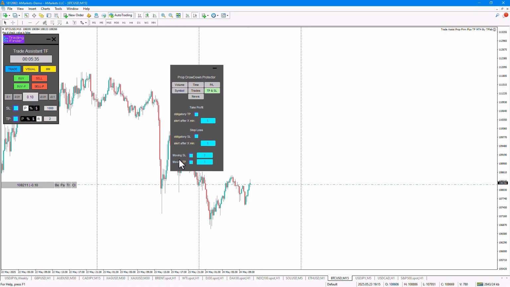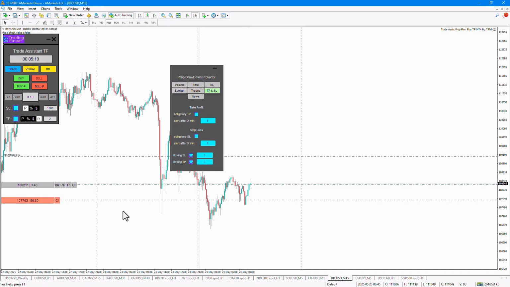In the section below, we can also set a limit for moving stop loss and moving take profit. For traders who act emotionally in the market and frequently move their stop loss and take profit, this option can help prevent them from doing so. For example, if I set a stop loss and take profit, in this section I can specify the limit for how much I am allowed to move the stop loss and take profit.